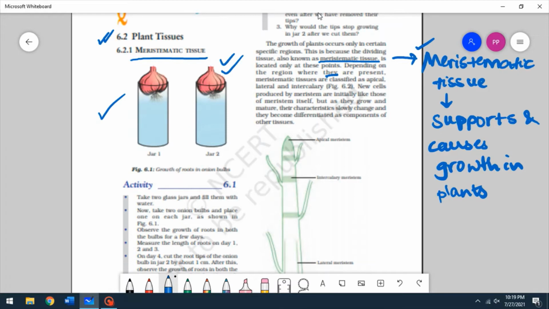So new cells are produced by the meristem, and they're initially like those of the meristem itself, but as they grow and mature, their characteristics slowly change and they become differentiated as components of other tissues. Alright, so that's the case with all living organisms.